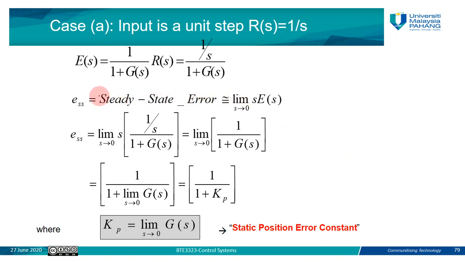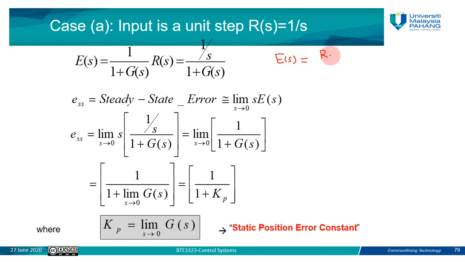If you want to calculate the error for this case, when the input is 1 over s, we need to use the formula that we learned before. This formula says E(s) equals R(s) over 1 plus G(s). We already learned how to calculate the error from the open loop transfer function.